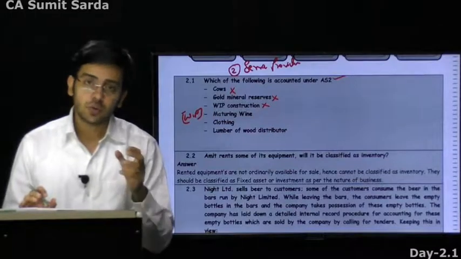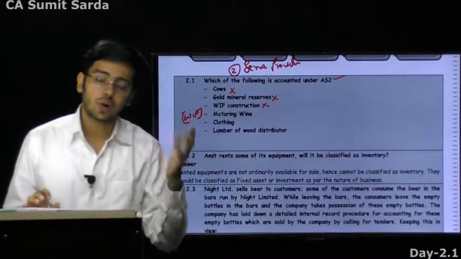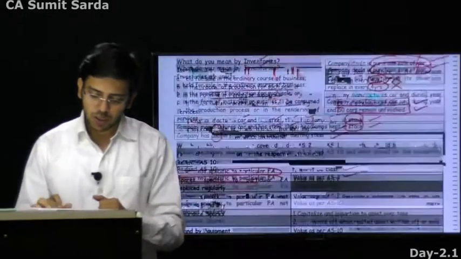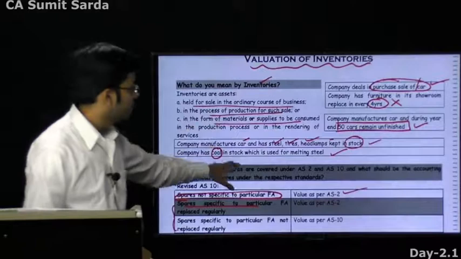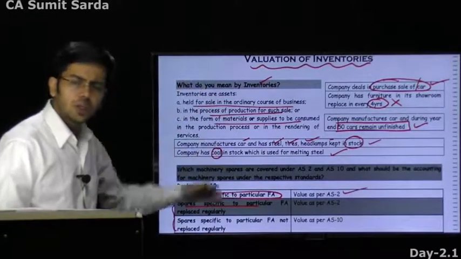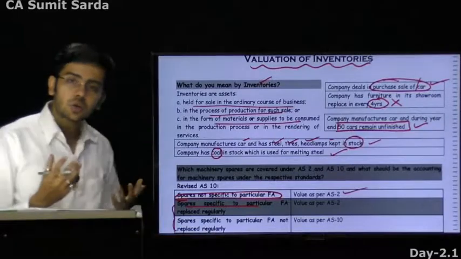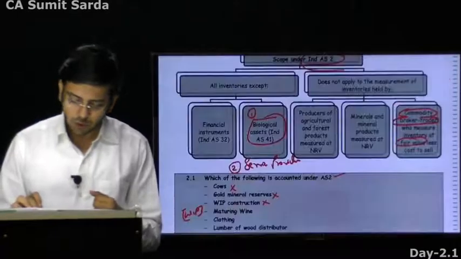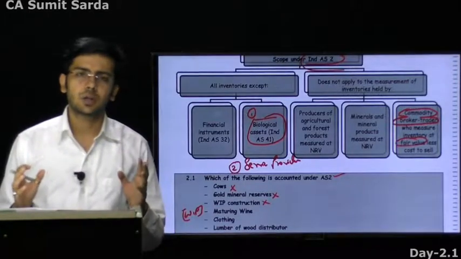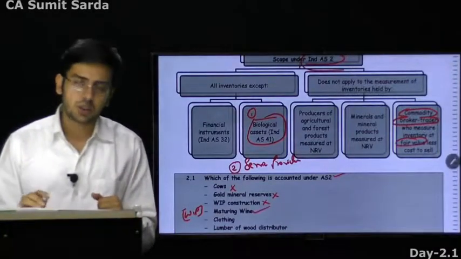So sir, holding an inventory for so long, are we going to classify it under AS 2? My friend, in the definition that we have seen, is it written anywhere that you have to complete it within 12 months? It is not written. That means maturing wine, whatever takes a very long period, doesn't make any difference, will be covered under AS 2.